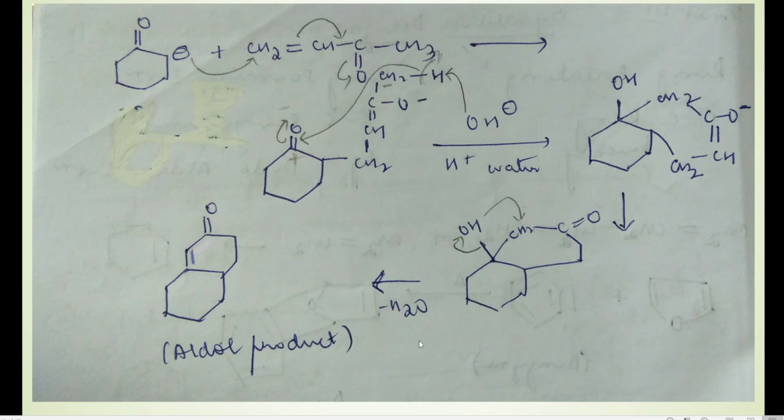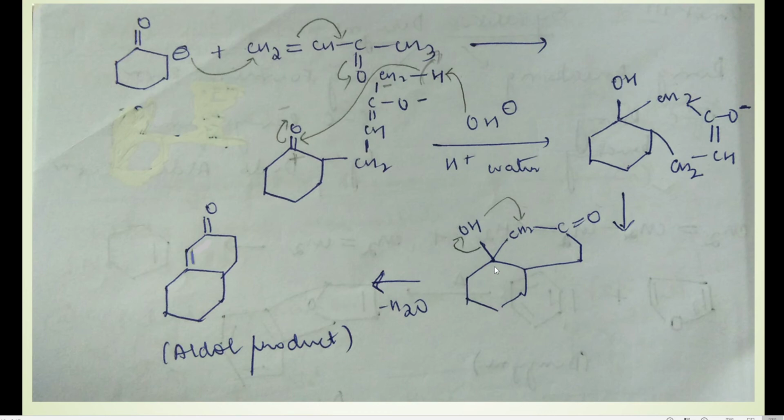Since it is going out as H2O, this carbon will have a negative charge because one H has left as H plus, and this carbon here will get a partial positive charge because this group has gone out as OH minus.